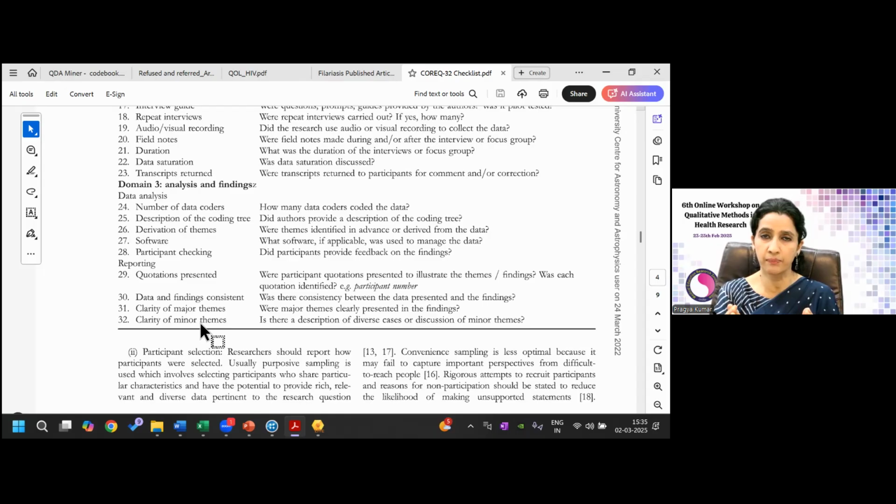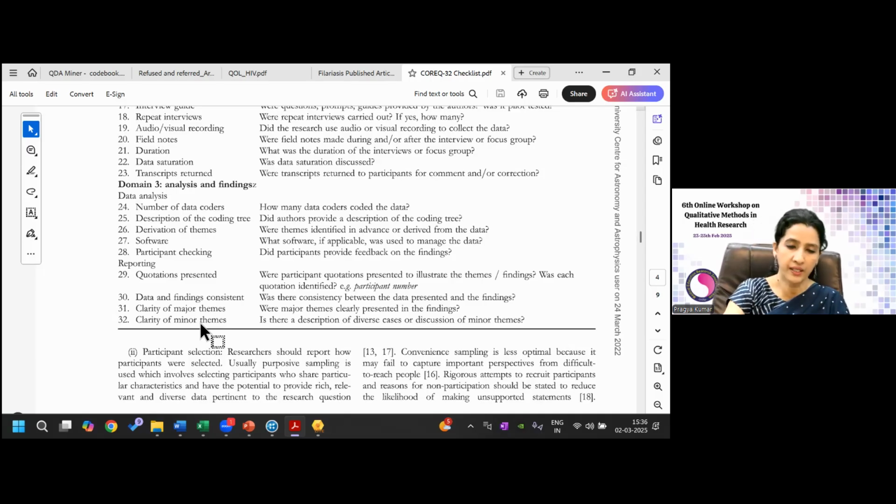So keep the themes at 3 to 5, and in each theme, not more than 5 categories and not less than 3. Remember this range, 3 to 5 themes and 3 to 5 categories in each theme. That should be the ideal number which people reviewing your article generally suggest.